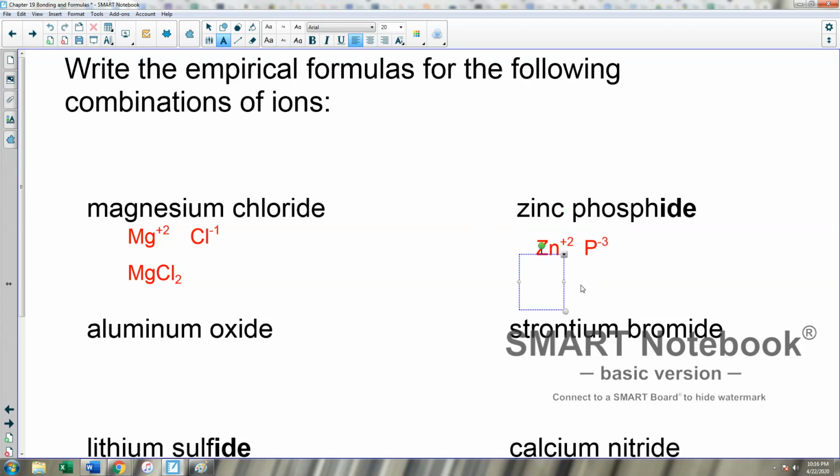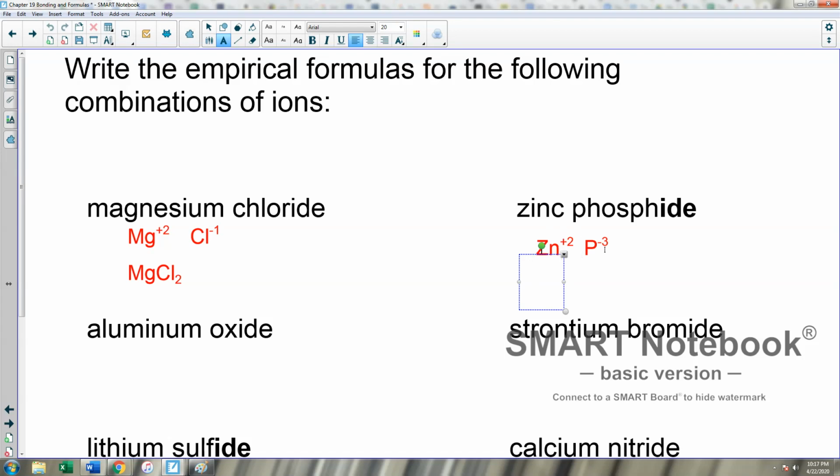If I was to come up with a formula for this, if I had 2 zincs and 1 phosphorus, that would be a +4 and a -3. So that wouldn't work. If I had 3 zincs, that would be a +6.